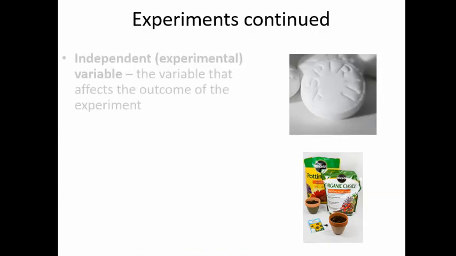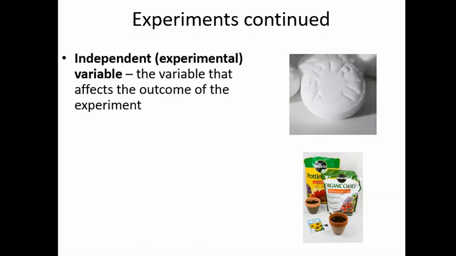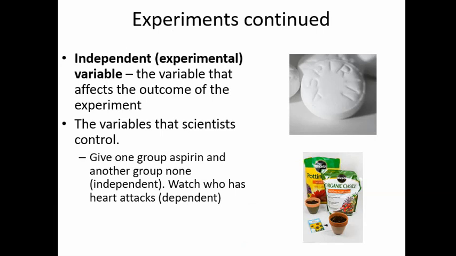Then we have variables called the independent or experimental variable. These are the variable that impact or affect the outcome of the experimental situation that the scientists set up. These are variables that scientists can control. So for example, you could give a group of people aspirin daily, and another group of people you tell them to live their life.